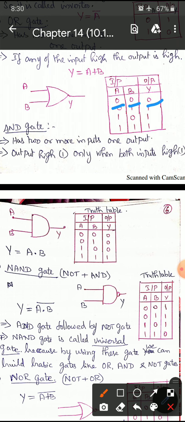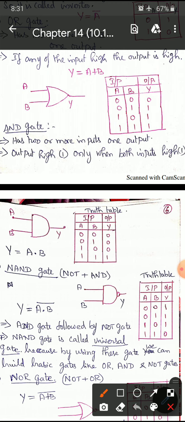If the first input A is 0 and input B is 1, the output will be 1. If A is 1 and B is 0, the output will be 1. If both inputs A and B are 1, the output will also be 1. So, this is about the OR gate.